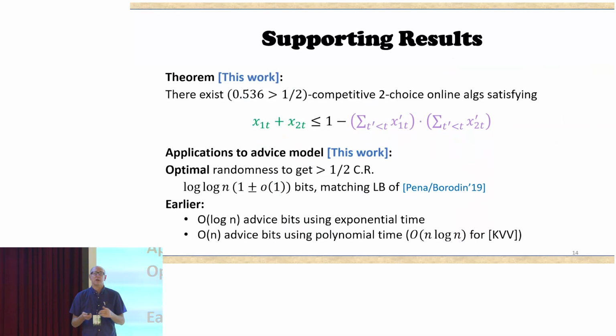It's actually impossible to round the fractional solution obtained this way. Something more is needed. I don't know what this extra thing is, but it would be very interesting to get 1 minus 1 over e, which would hopefully be applicable also for the weighted case.